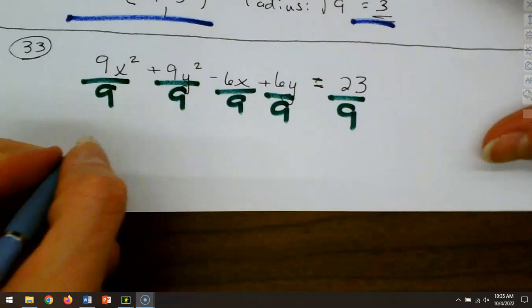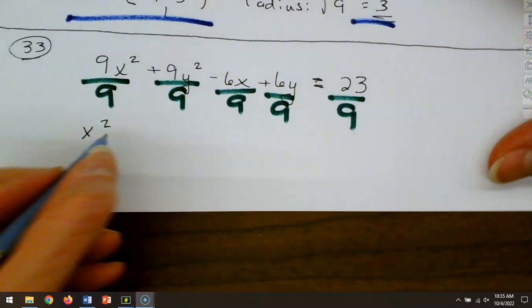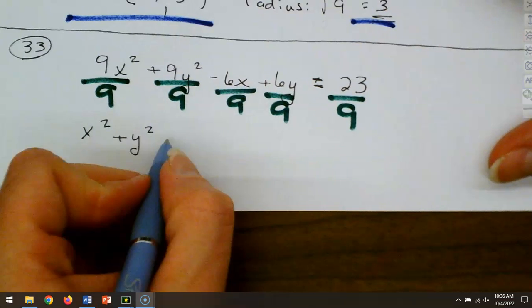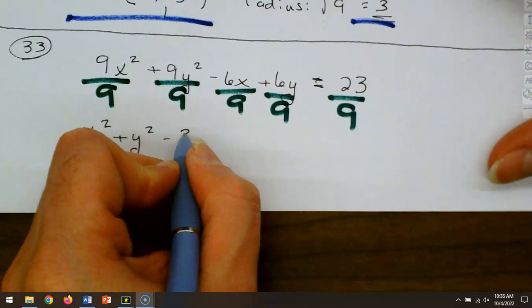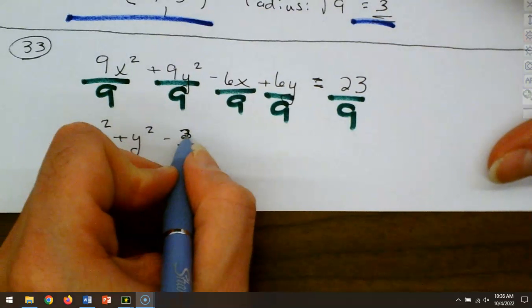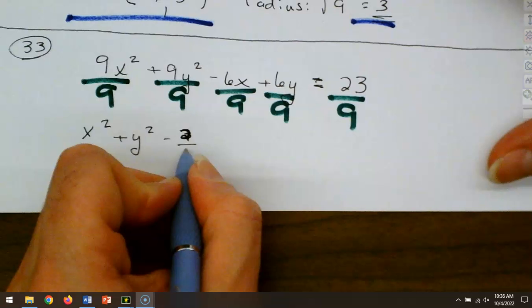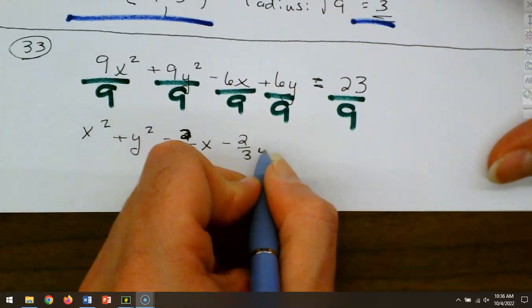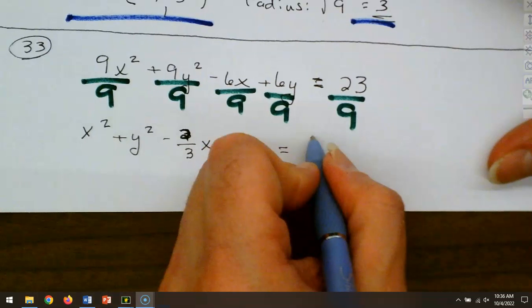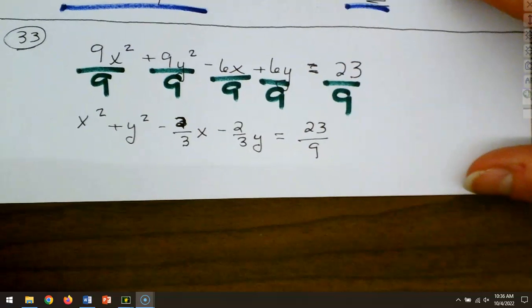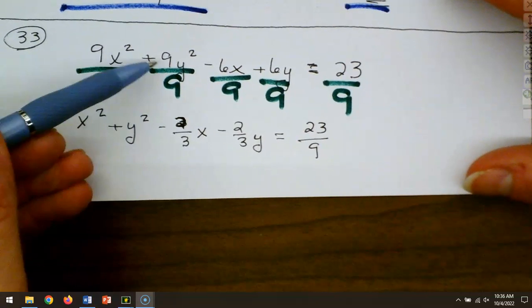So the 9's cancel, and that leaves you with an x squared plus y squared. We reduce it down, and that's going to reduce down to a minus 2/3 x, right? A minus 2/3 y, and the other side stays as a 23 over 9. So if there's ever a number in front, you've got to divide it out.